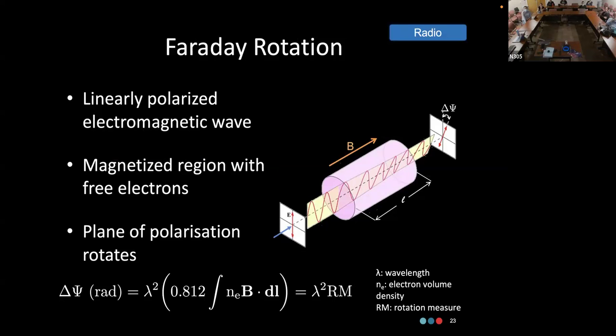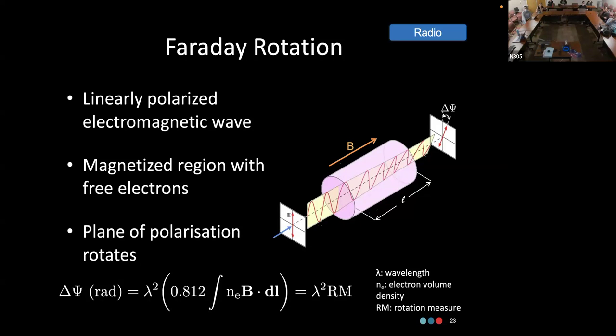Faraday rotation provides the line of sight component of magnetic field and is the rotation of a linearly polarized electromagnetic wave in a magneto-ionic medium.